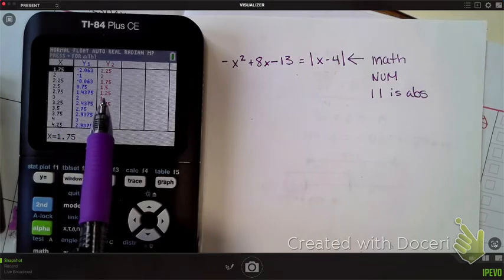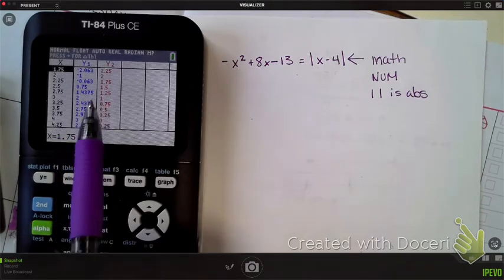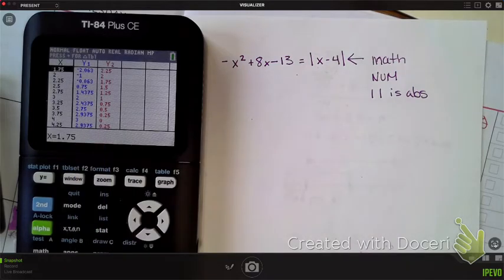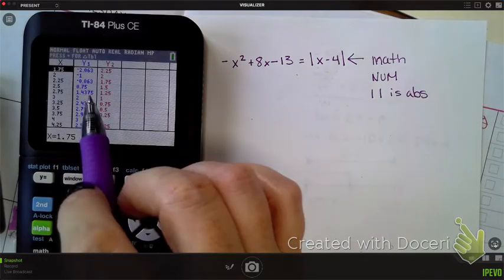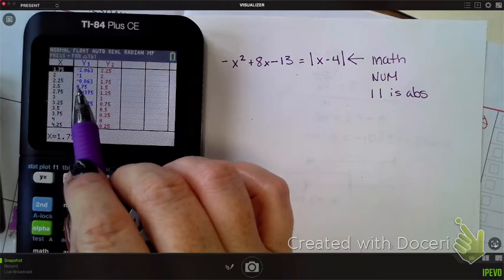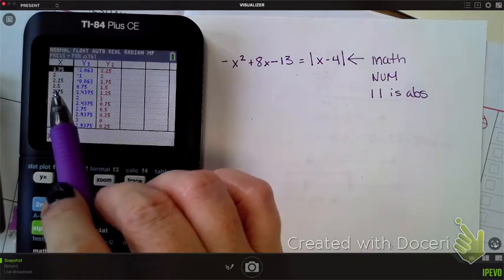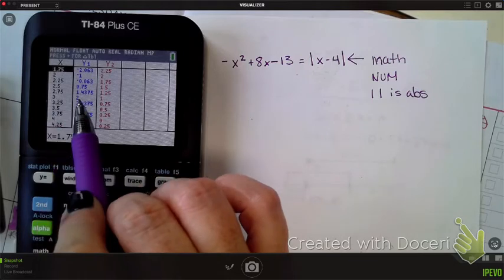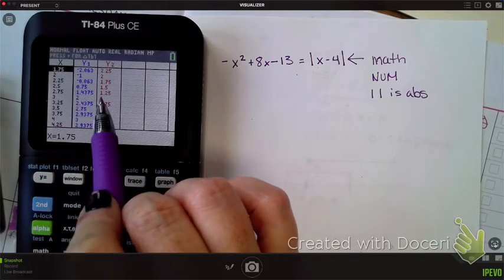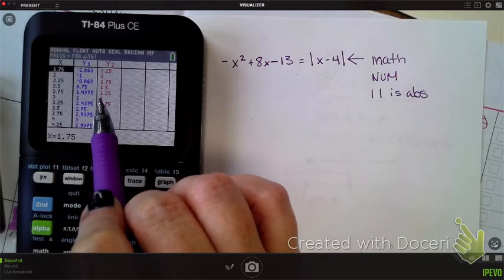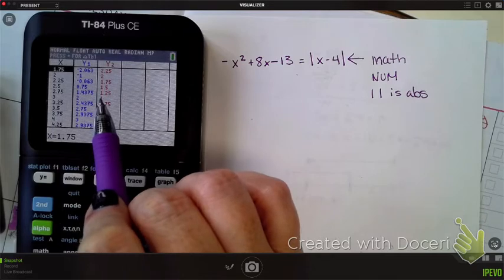Okay, so we would put 0.25. So we need to make the change even smaller, don't we? I've got to get the Y1 and Y2 to be the same. Isn't 2.75 close? It's about the closest as anywhere else, right? So we need something smaller than 0.25.